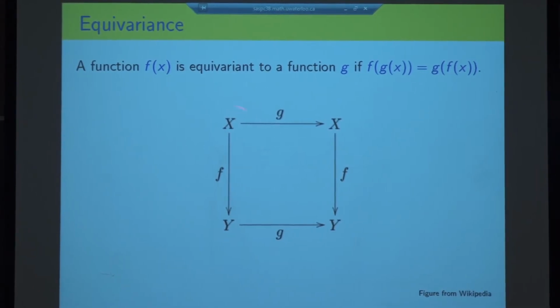I have x, I apply function g on it, and then I apply function f, so it's f of g. Suppose that f of g is y. In another scenario, I apply f on x, and then I apply g on the output, so it is g of f. g of f is also y. In this case, we say that f is equivariant to g.